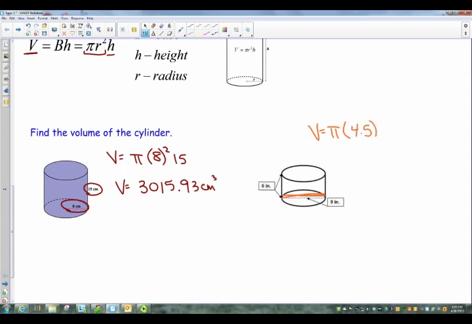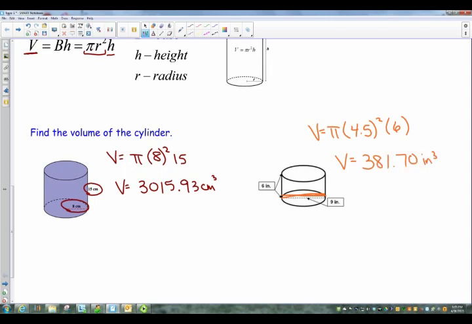So our radius is 4.5, and then we square it, and then we multiply that by 6. So you've got pi times 4.5 squared times 6. We multiply that all together, and that gets you 381.70 rounding to the 100th spot, inches cubed, and there's your solution.